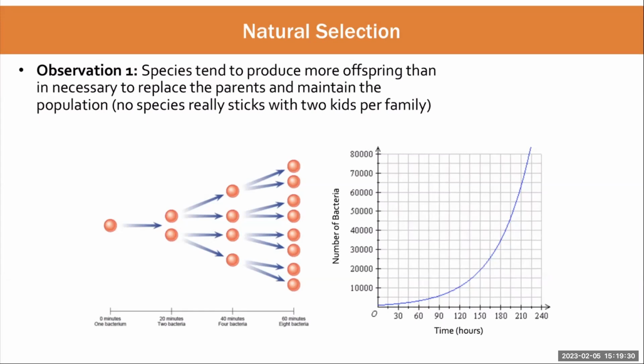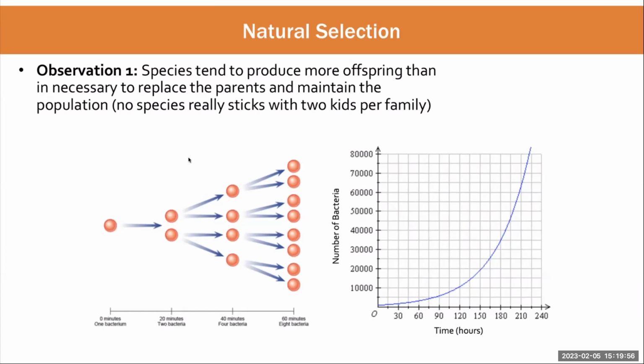More specifically, it's a process by which organisms that are best adapted to their environment survive and reproduce at a higher rate than less well-adapted individuals, okay? So that results in a greater representation in the next generation of individuals with better adapted traits.